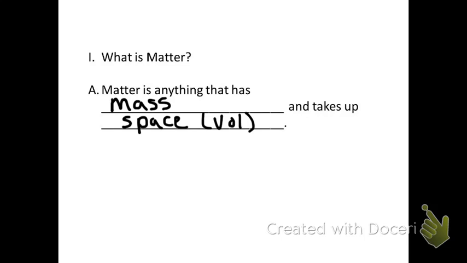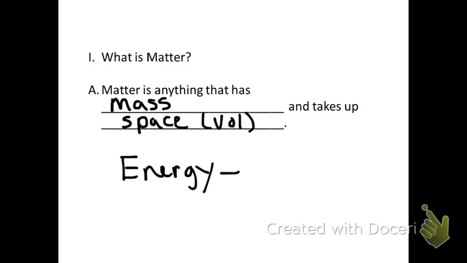Can you think of anything that might not be matter, that doesn't have mass and volume? One of the things that comes up a lot is energy. In chemistry, we deal with energy quite a bit, but energy does not have mass and volume.